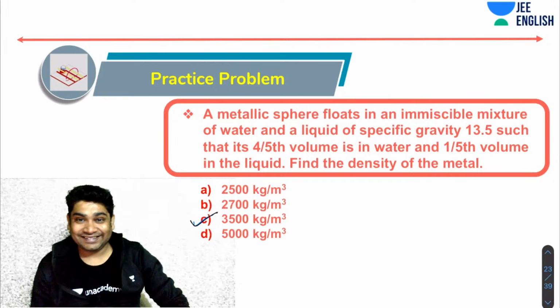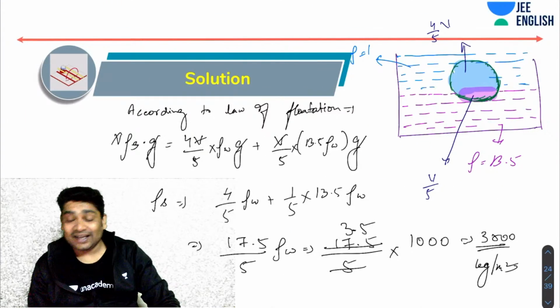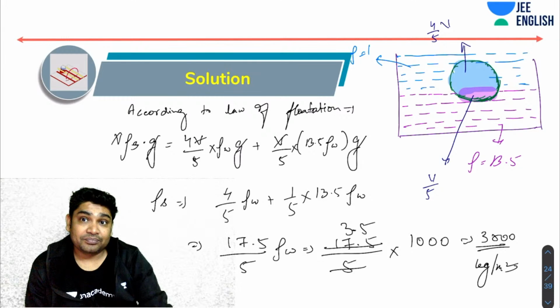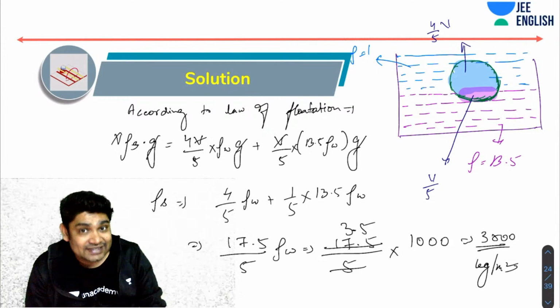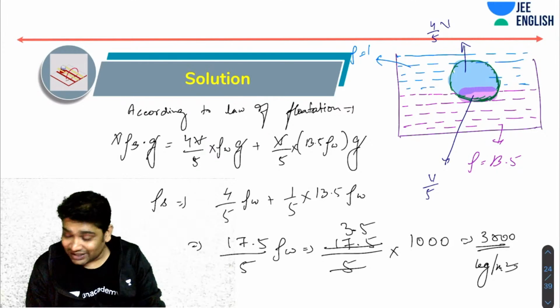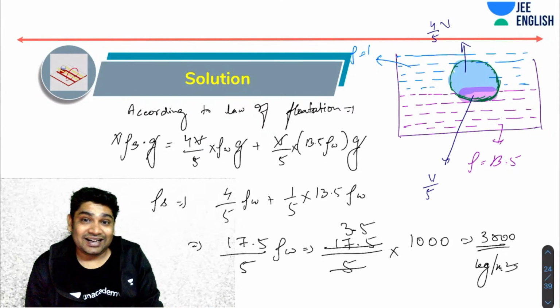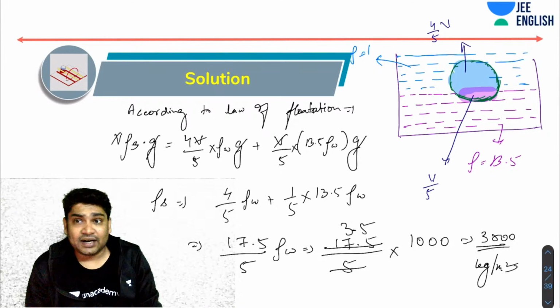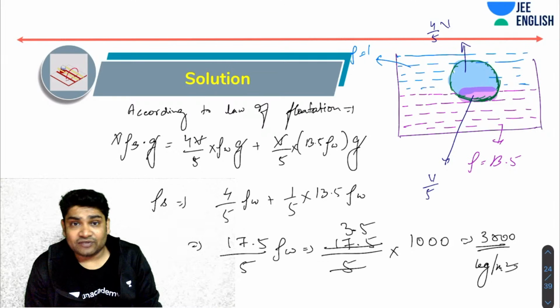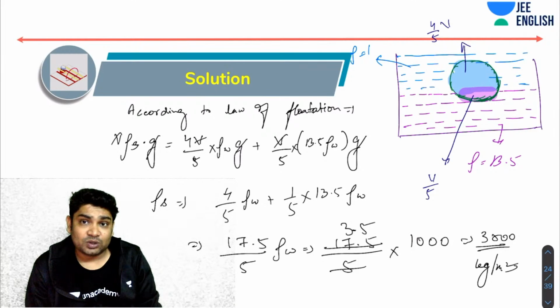Well done. Again, please go through the solution and let me know if you followed the logic. This is how we essentially use Archimedes principle to find different values. This is a typical problem that can be asked very easily in both your Mains and Advanced. You should know how to figure things out.